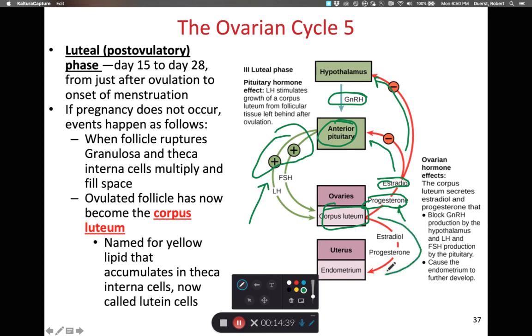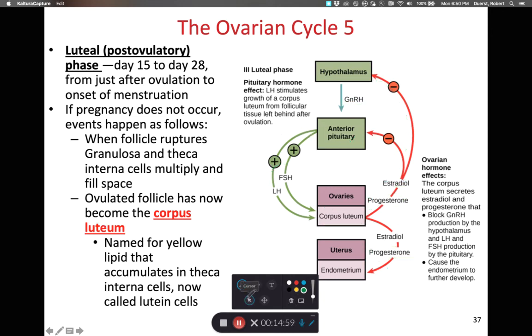The estrogen and progesterone travel to the endometrium of the uterus, and in particular, the progesterone is going to cause the endometrium to have uterine glands develop so that there can be a source of uterine milk for the implanted blastocyst.